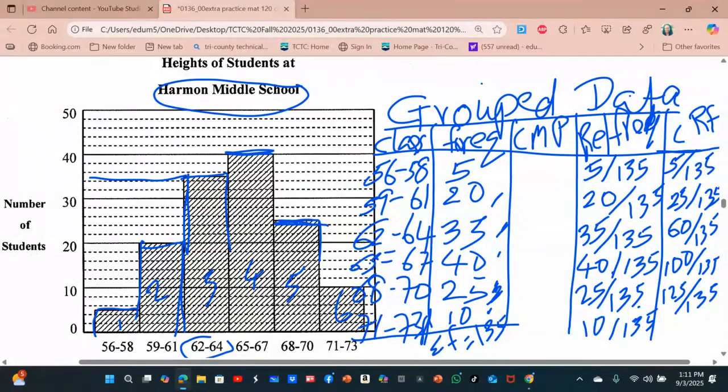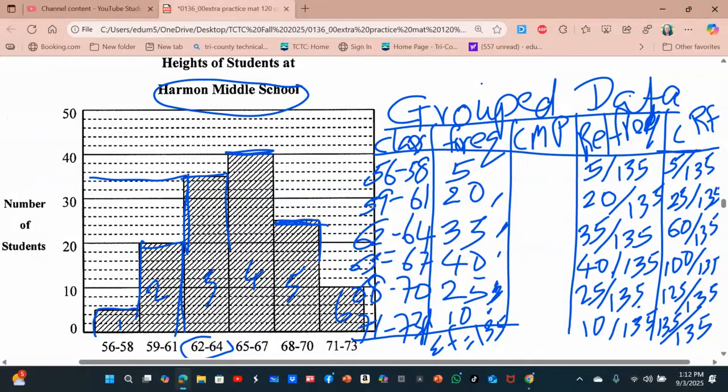It is always going to be total over total. 135 divided by 135, which is the same as 1. Therefore, the cumulative relative frequency column is complete.